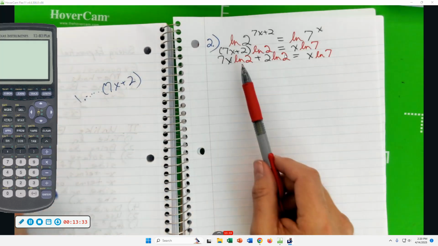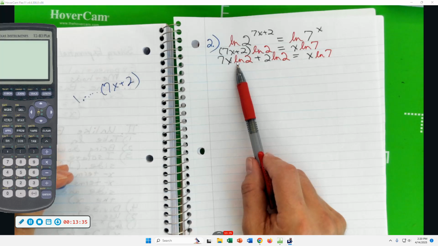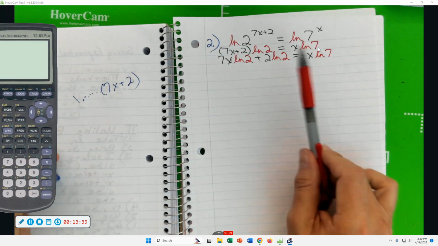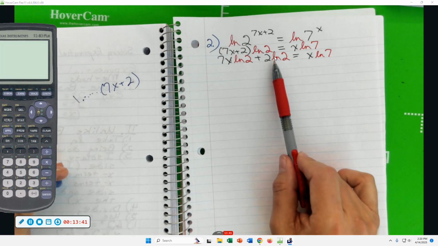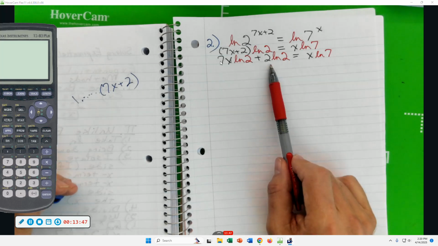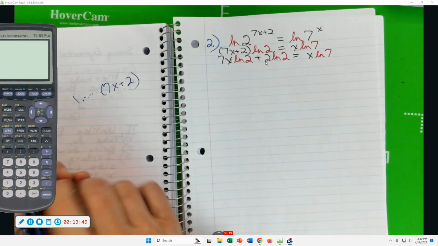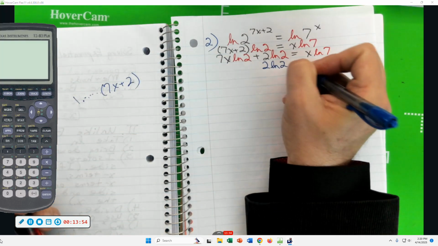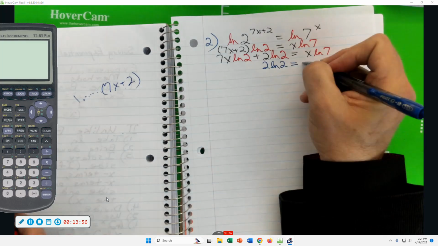I think it'd be easier to move this x term over to the right. Otherwise, we'd have to move this x ln7 to the left. We have to move the thing that doesn't have an x to the right. You're picking up a lot of minuses there. If you leave that 2 ln2 where it is, we have an x ln7.